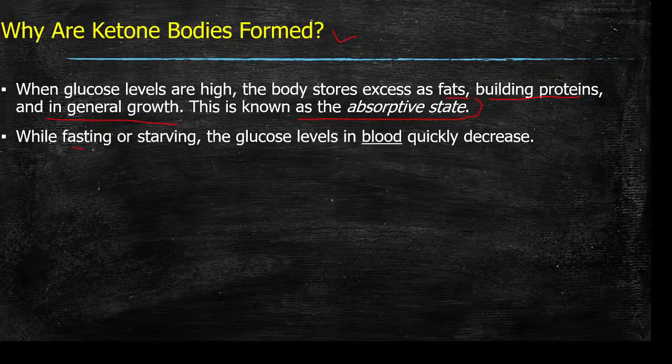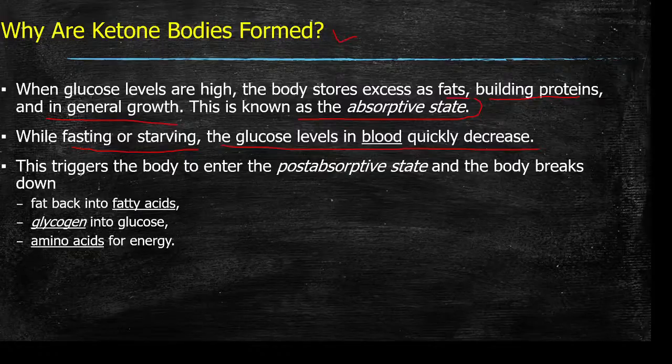When we are fasting or starving, that is when we are not consuming food, the glucose level in the blood will fall very quickly. Okay, so this triggers the body to enter a state known as the post-absorptive state.